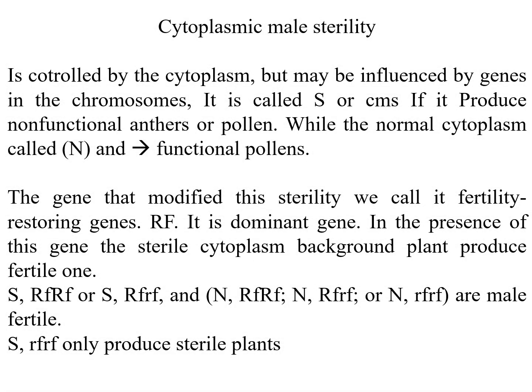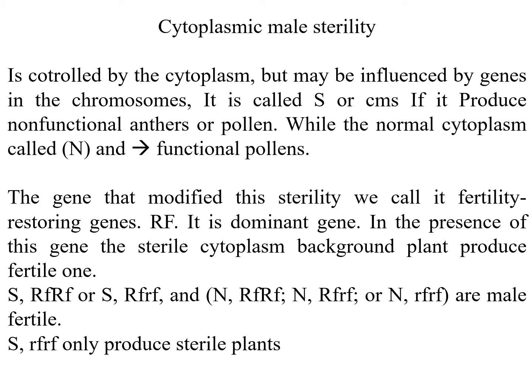To finish this chapter, I'm going to start discussing the cytoplasmic male sterility. As I said before, cytoplasmic male sterility means that the direct influence is coming from the cytoplasm, while there are modifying genes in the chromosomes that modify the process.